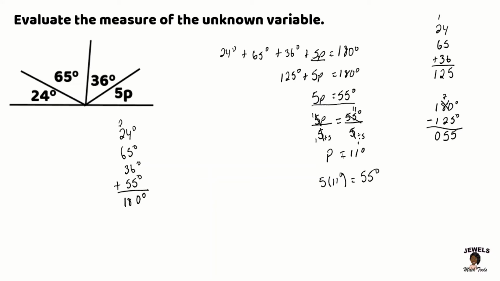Okay, so there you have it. It's just that easy to calculate your terms when you're given angles on a straight line. Just remember that your equation always sums to 180 degrees, and all you have to do is sum up all of the angles that you were given, subtract their total from 180, and then perform your one-step equation rules by dividing your coefficient into both sides of the equation until you get a measurement for your unknown variable.